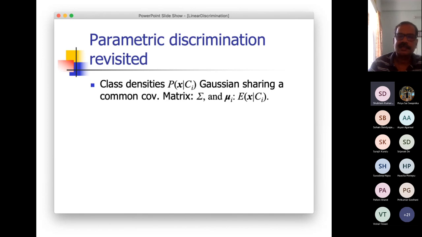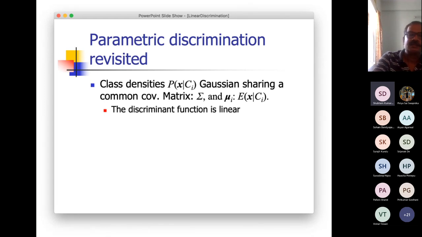Those special cases are where you have the same covariance matrix for every class in those Gaussian likelihood distributions. Then you can show that those classifiers are the same as the linear discriminant classifiers, or the functions are linear discriminant functions. So as we discussed, we have covered this in the previous lectures.